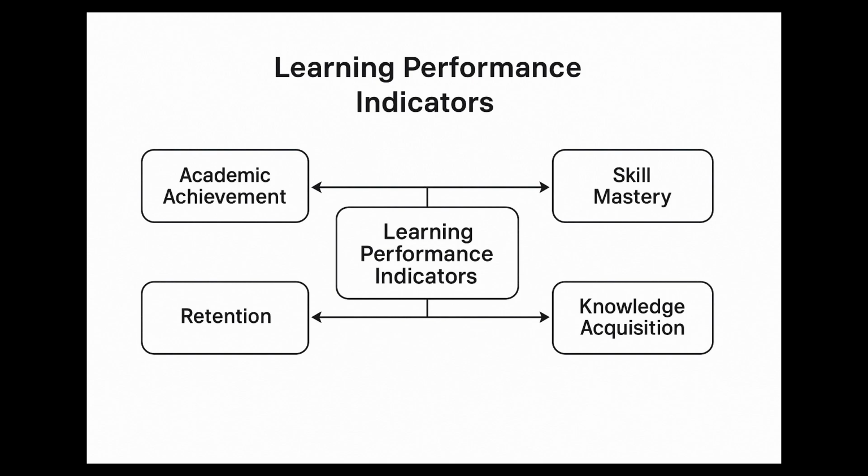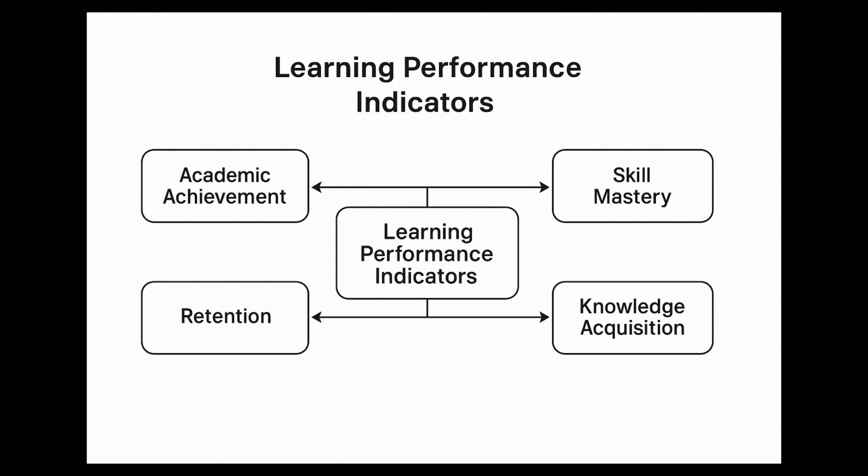At the center of the scheme, we see learning performance indicators, representing a system of measurable criteria used to assess the learning process comprehensively. Each surrounding element in the diagram highlights a specific area of performance that contributes to the learner's academic development. Let's begin with the first indicator, academic achievement.